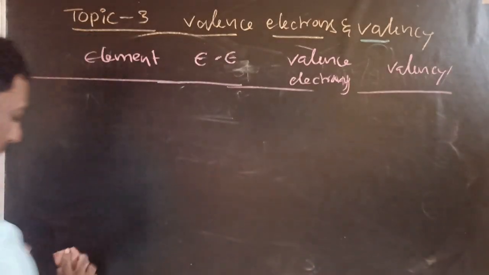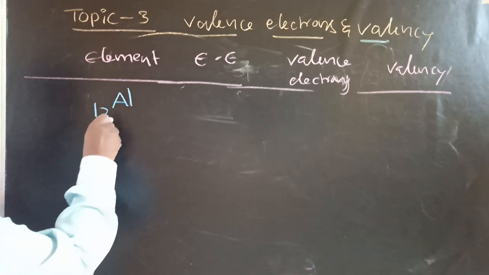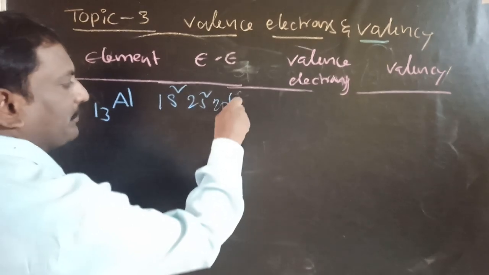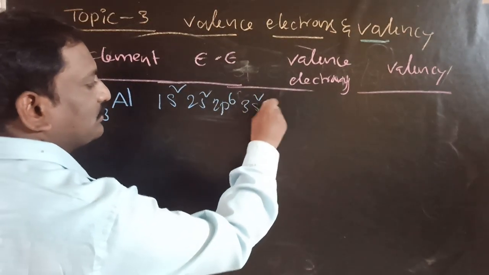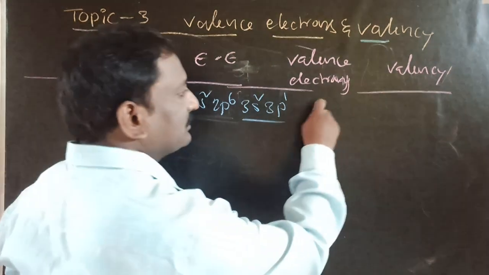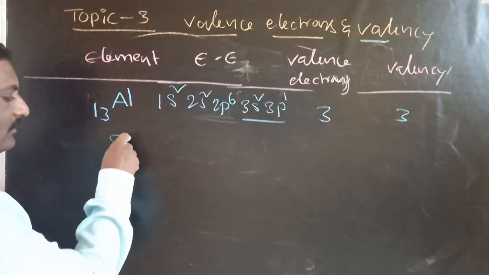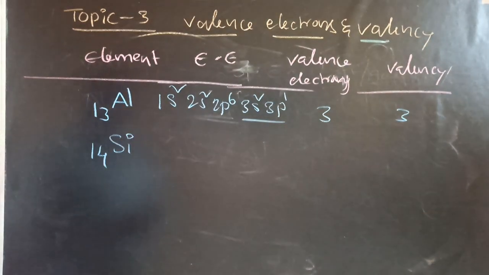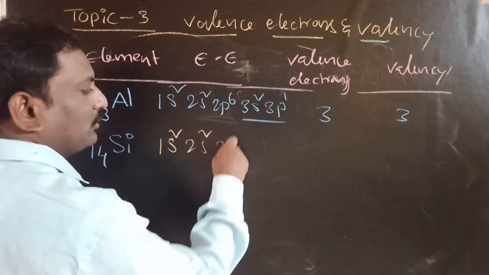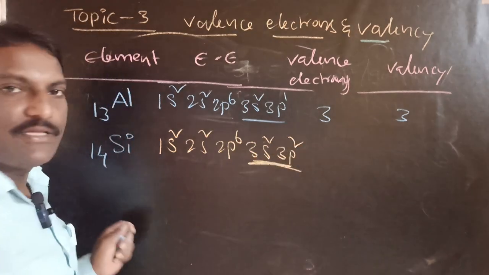Aluminum, atomic number 13, electronic configuration 1s2, 2s2, 2p6, 3s2, 3p1. Third shell, 3 valence electrons, so valency also 3. Next one, silicon, atomic number 14, electronic configuration 1s2, 2s2, 2p6, 3s2, 3p2. Third shell will be the valence shell.